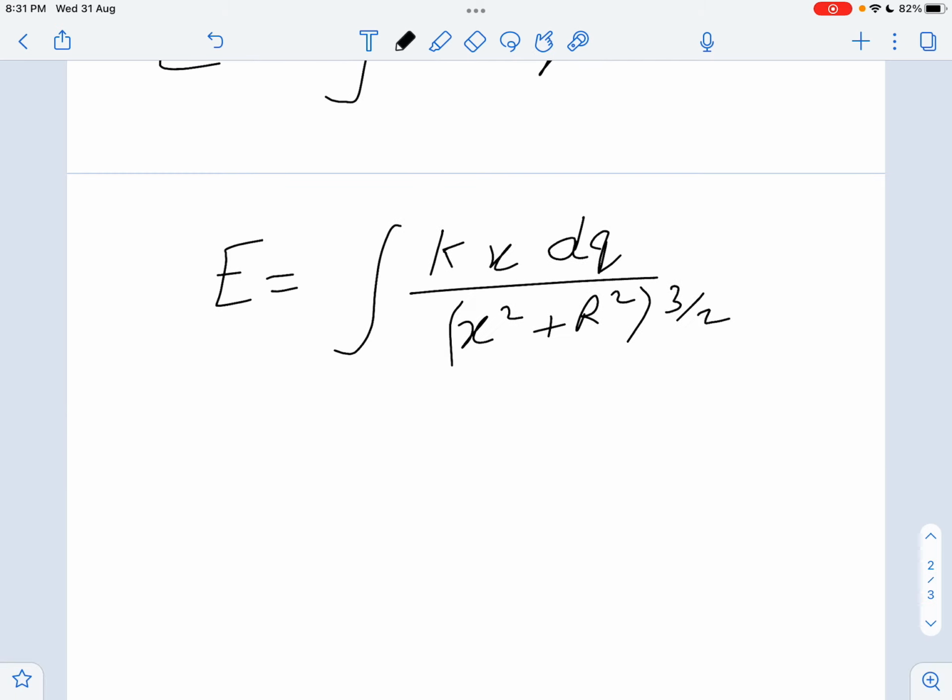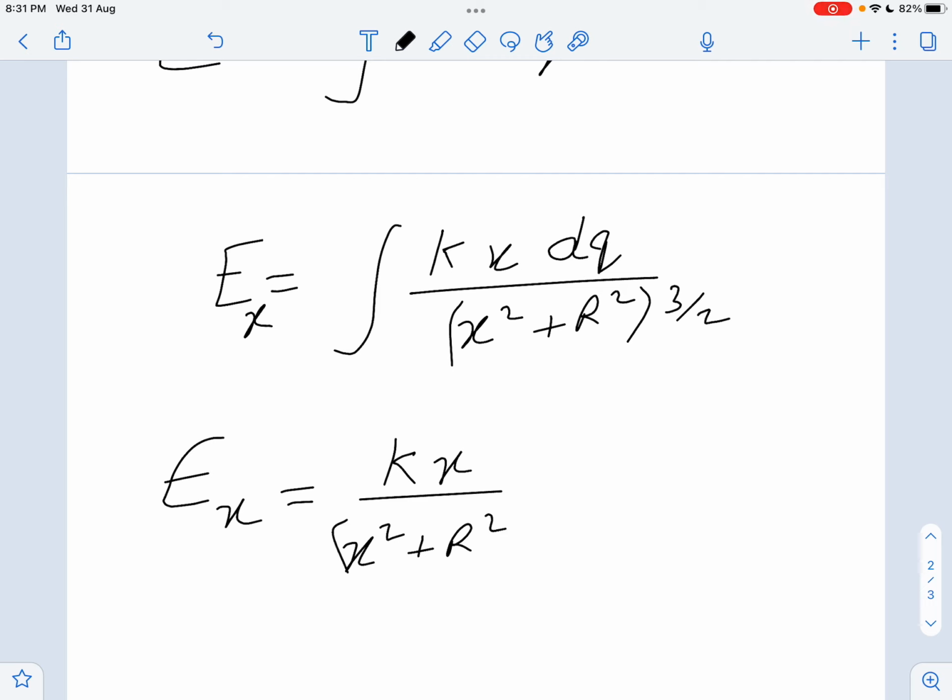And this E is along the x-axis. You can write Ex. So Ex will be, we take the constants outside the integral. k is constant, x is constant, x squared plus R squared power 3 over 2 is also constant. What remains in the integral is dq.